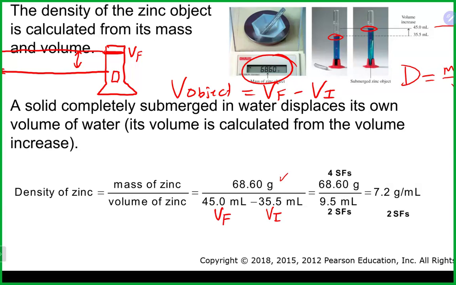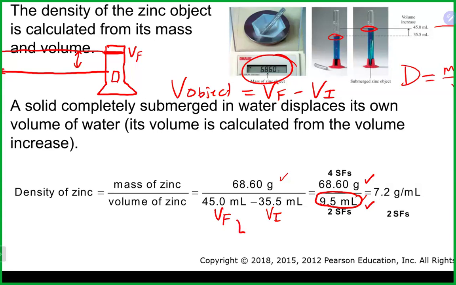When you subtract that, you get the actual volume of the object. So that 9.5 milliliters in this example would represent the volume of the zinc metal they put into that graduated cylinder. Now we could calculate our density by taking the mass divided by the volume. We do have to look at significant figures here.